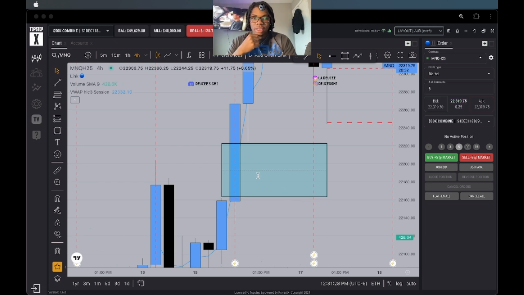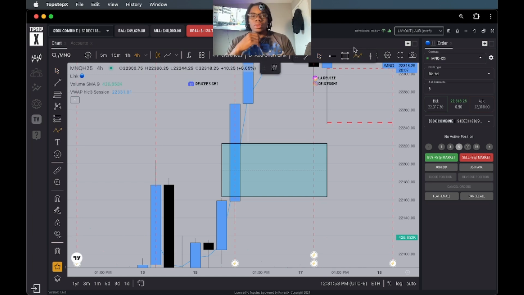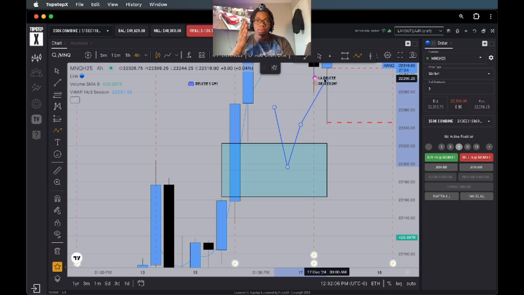Touching the midline would be perfect, that little dotted line we have in there, but we at least want to close inside of our fair value gap and then close back outside of it before getting into a trade. So we want to see price come down, touch this, and close back out of it before we get into a trade. And the trade that we're getting into is to the upside.